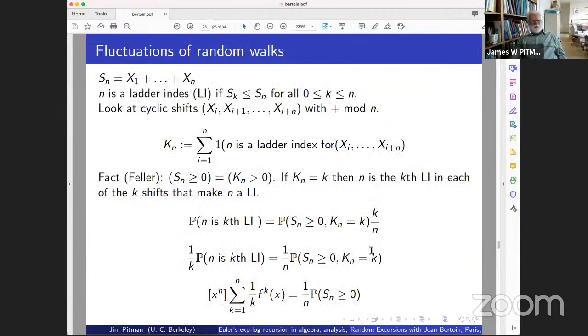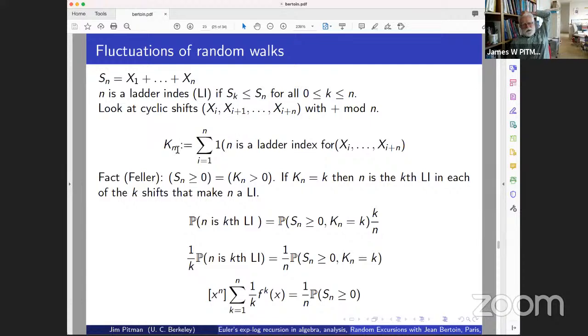Okay, so what has this got to do with fluctuation theory of random walks? Well, if you take a sum of IID variables and we say that n is a ladder index, if it's a weak increasing one, and we look at the cyclic shifts, then there is this brilliant idea which somehow emerged in the 1950s, thanks to Spar Anderson, Spitzer, and others, but it's really crystallized by Feller.